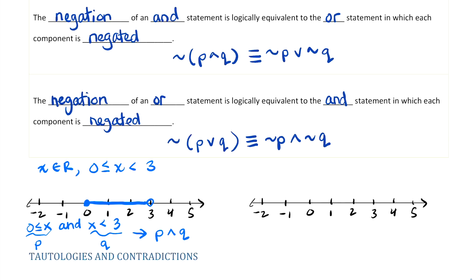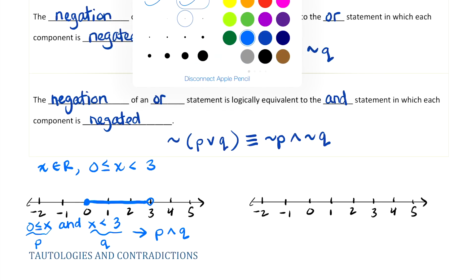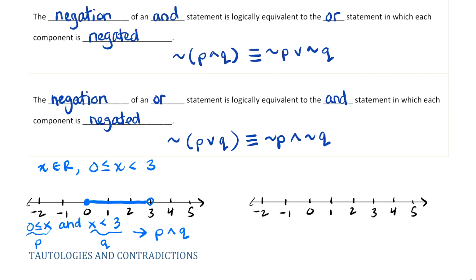Well, what if we wanted to negate that? Using a picture, we know it's got to be everything else. So if we looked at negating it, now the 0 would be an open circle, the 3 would be a closed circle, and we'd want the tails, because we don't want the stuff that was included. The negation would be everything else.